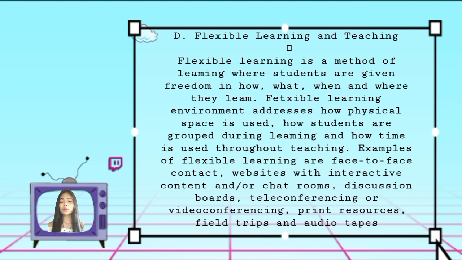Flexible learning and teaching involves creating opportunities for students to learn in ways that suit their individual needs, preferences, and circumstances.